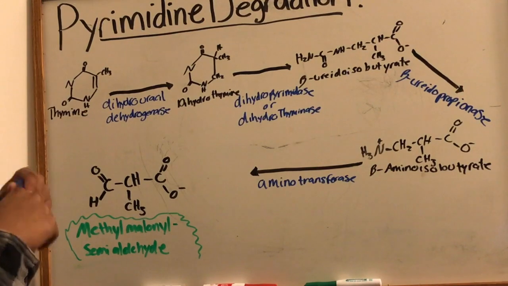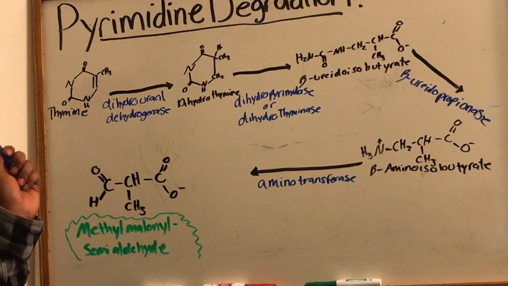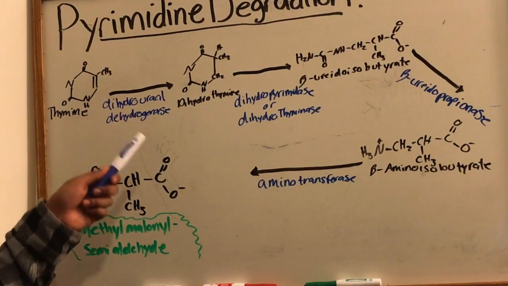So starting with thymine, it is going to be reduced using dihydrouracil dehydrogenase.